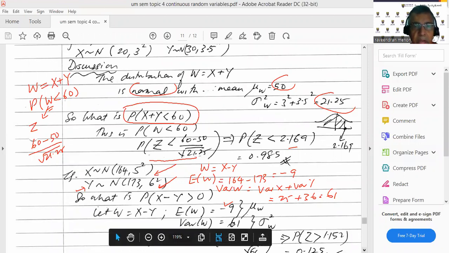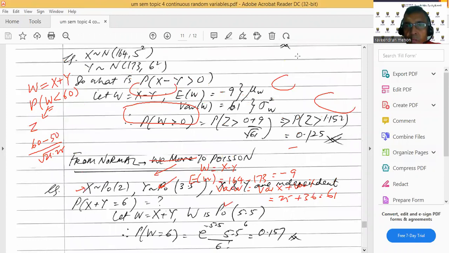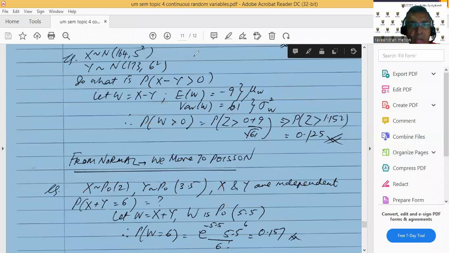We're looking for the probability that W is bigger than 0.